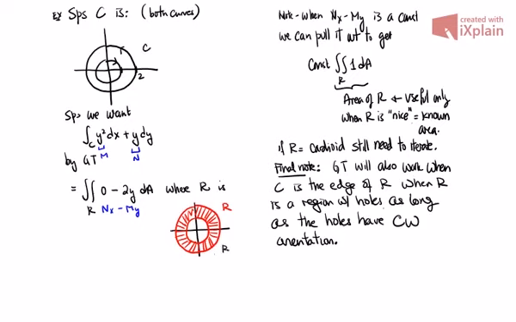So R's edge has two pieces. Together, they are C. On the outside edge, I go counterclockwise. Right? So outer edge is counterclockwise. Inner edge is clockwise. So Green's theorem has this sort of exception.